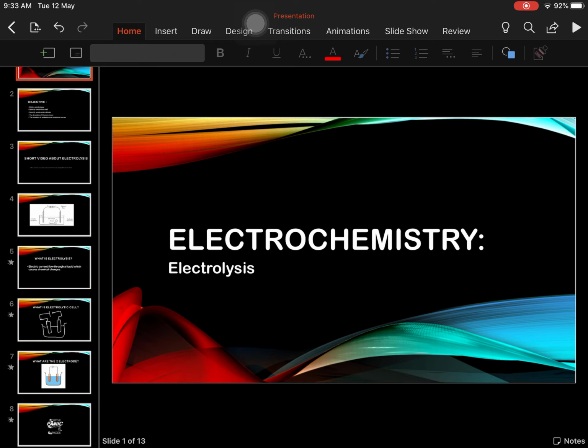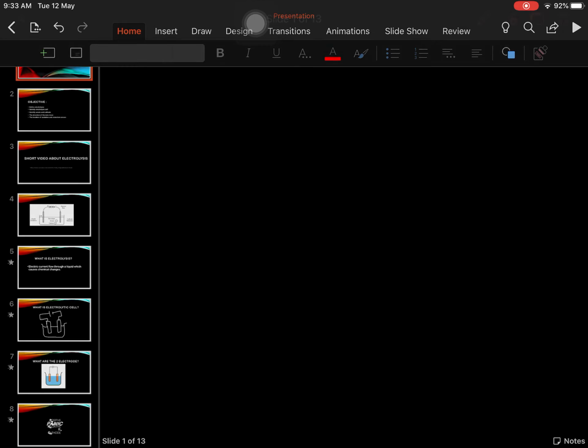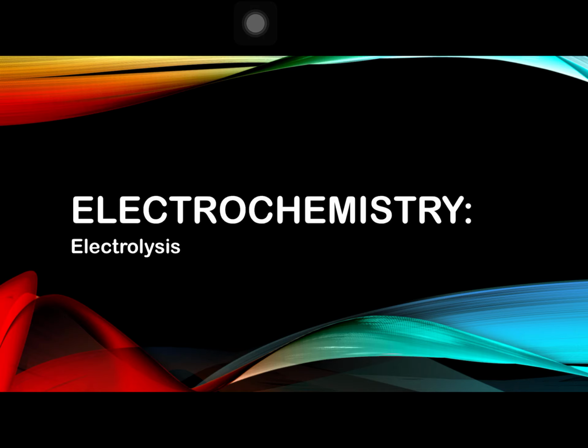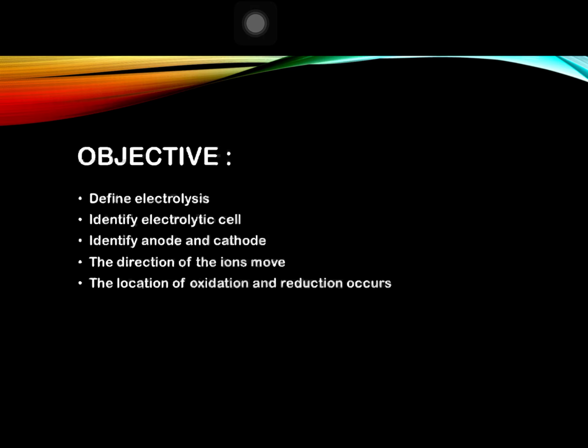Class, today we will be learning about Form 4 Chapter 4, Electrochemistry, that is, electrolysis. Basically, in this topic, we will learn about the electrolytic cell, identify the anode and cathode in the electrolytic cell, the direction of the ions move, and also the location of oxidation and reduction occurs.